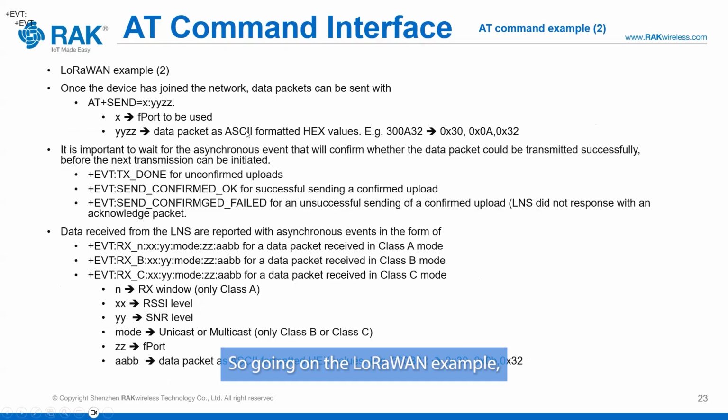So going on with the LoRaWAN example, once you have joined the network, I can use the AT+SEND command to send data to the LoRaWAN server, where there are two parameters. The first one is the FPort, which port should be used to send the packet. And the second one is the data packet itself.